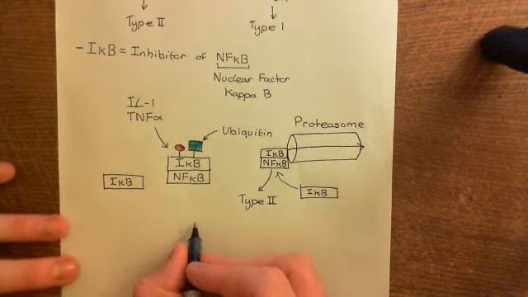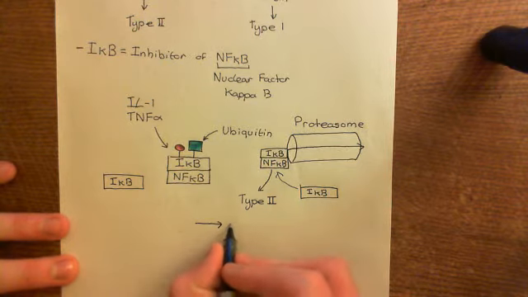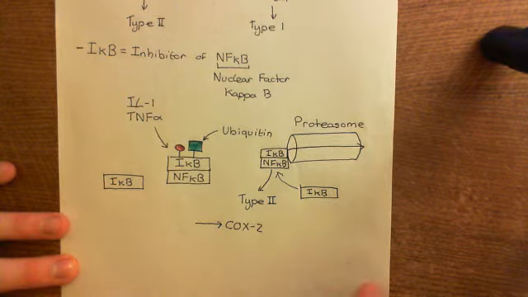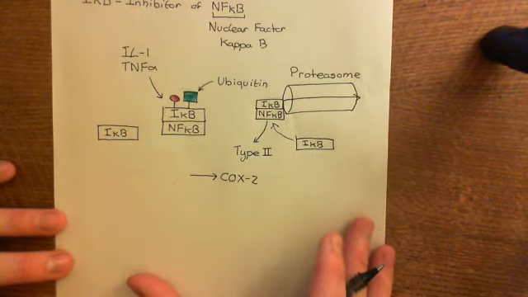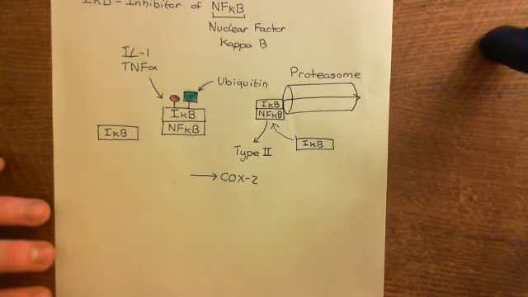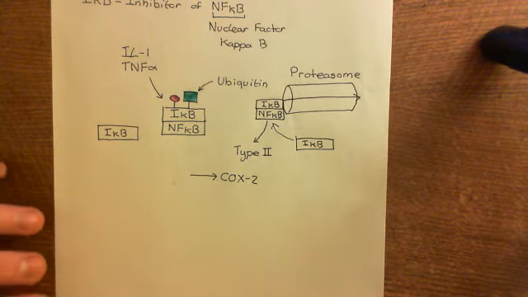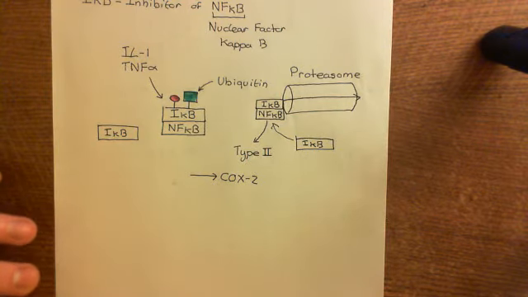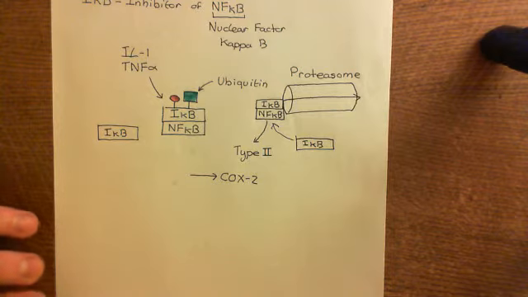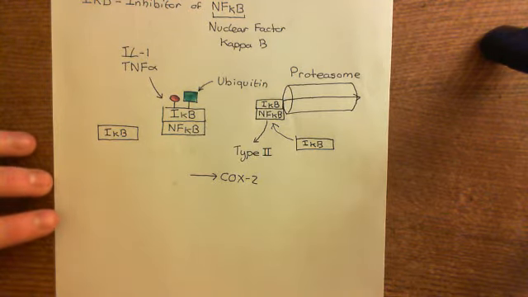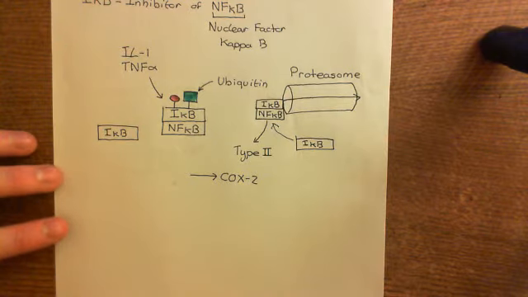it's going to cause an increase in the transcription of certain genes. One of the genes it increased the transcription of was the gene for cyclooxygenase 2, which remember was this bigger, better cyclooxygenase, much better at converting arachidonic acid to prostaglandin H2 than cyclooxygenase 1. The prostaglandin H2 could then be further converted to prostaglandin I2, which was secreted from the endothelial cell to cause relaxation of the vascular smooth muscle cells and therefore vasodilatation.